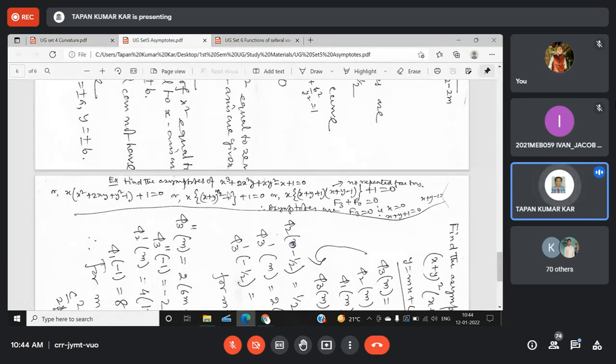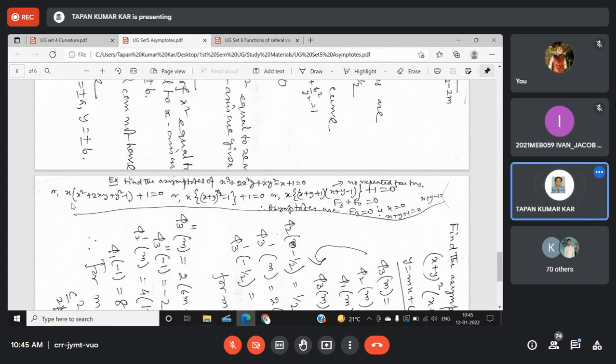Then for non-parallel asymptotes, set x equal to 1, y equal to m, and you will get the asymptotes using the methods already discussed. But I would like to use the special case, Fn plus Fn minus 2, to show you how it can be used.